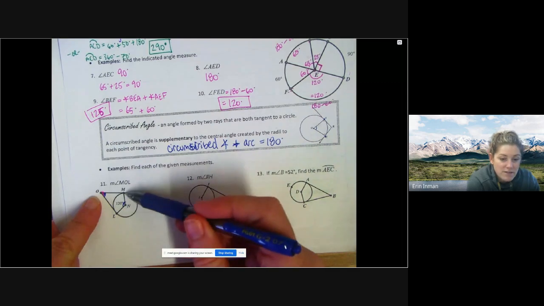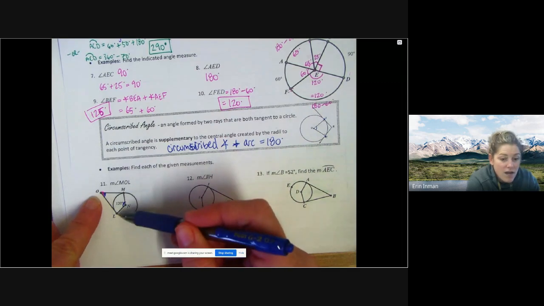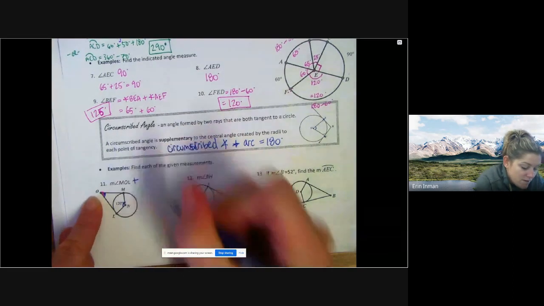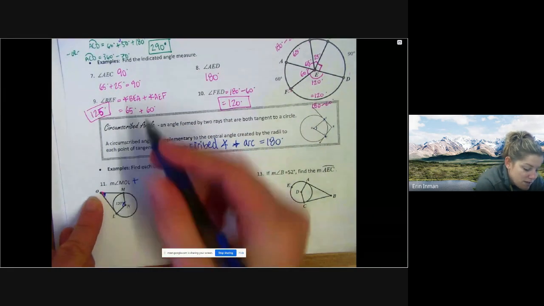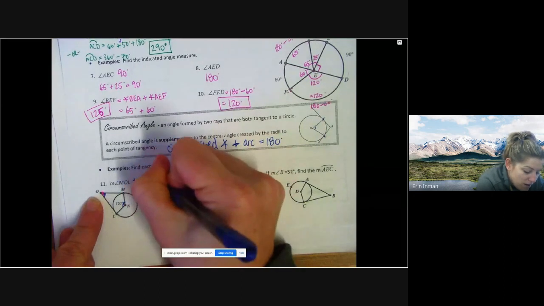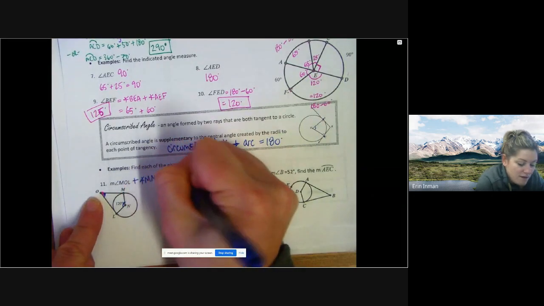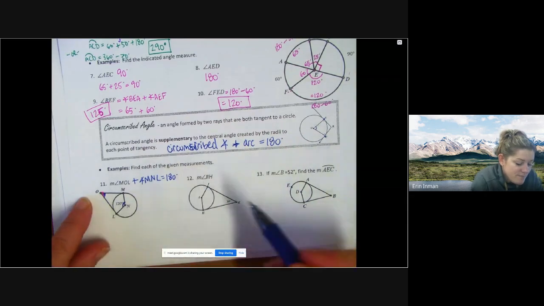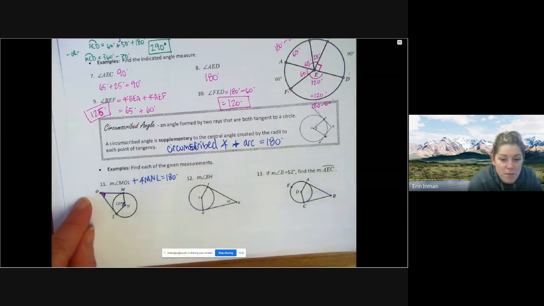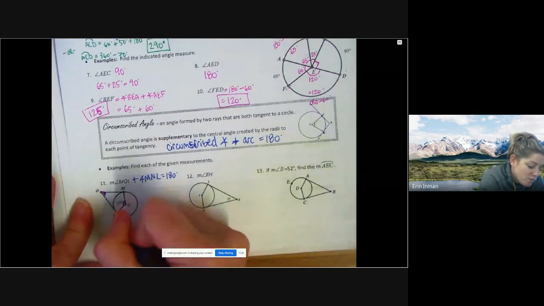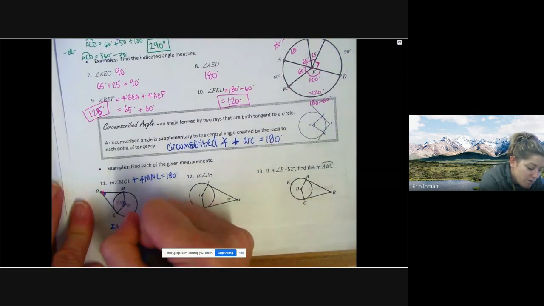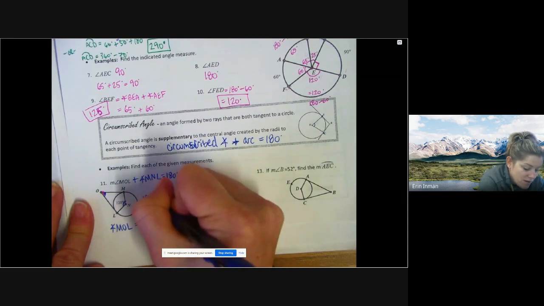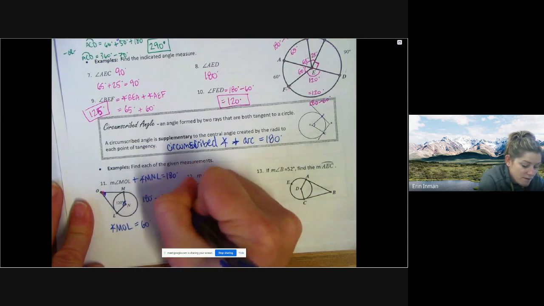It basically has its endpoints of the angle on the circle. And so we know that MOL plus angle MNL equals 180 degrees. So if this is 120, subtracting that from 180 degrees, the measure of MOL would be 60 degrees. So 180 degrees minus 120.